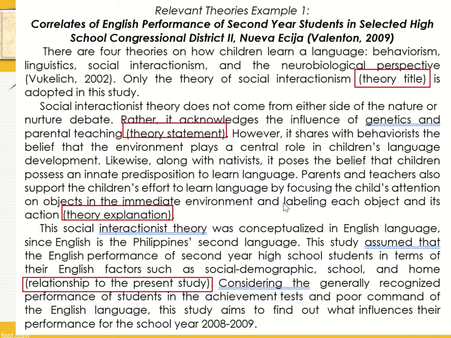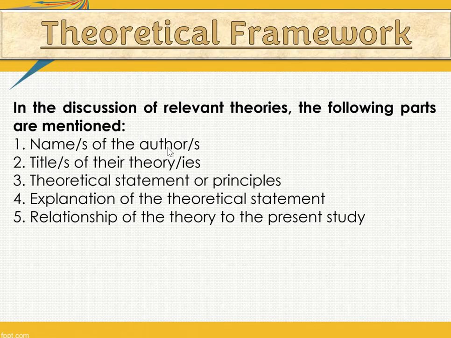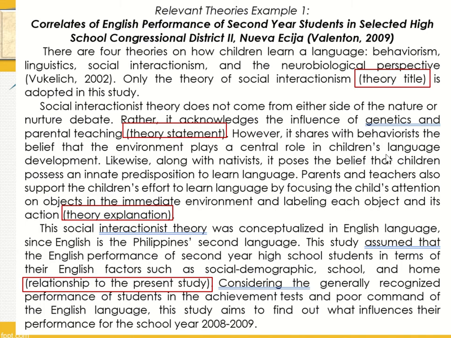So this one is a study, correlates of English performance of second year students in selected high school, congressional district 2, Nueva Ecija. So I will not dig deeper into this example. The point here is that in this given study or example, it showed what we mentioned earlier. Okay, these five are stipulated in this example.